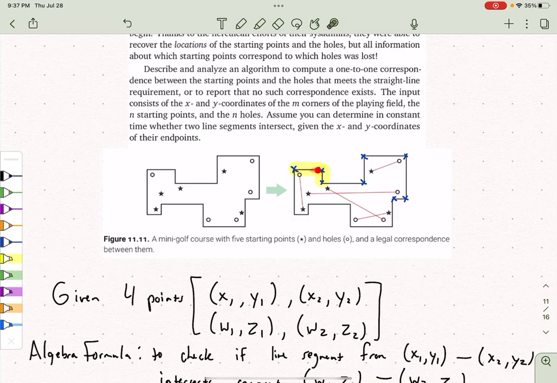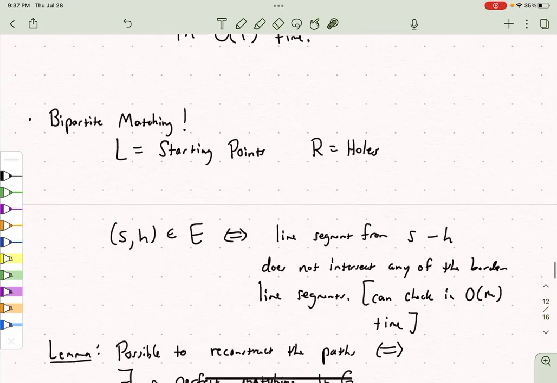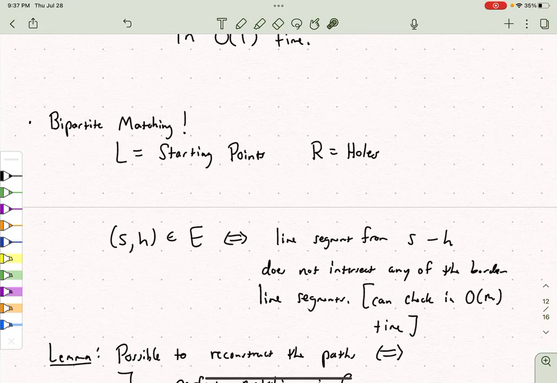So we can just brute force check one by one, and after checking all of them, of which there are slightly more than M of these line segments, then we can verify that it's an edge. So in O of M time, we brute force check that each of the line segments on the border doesn't intersect this line, and if so, it becomes an edge.